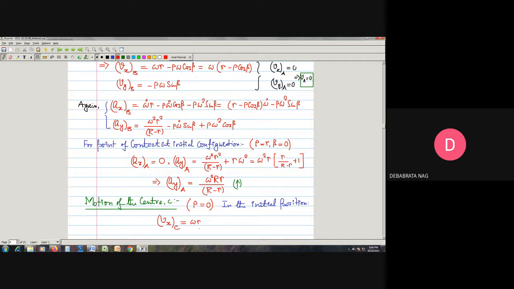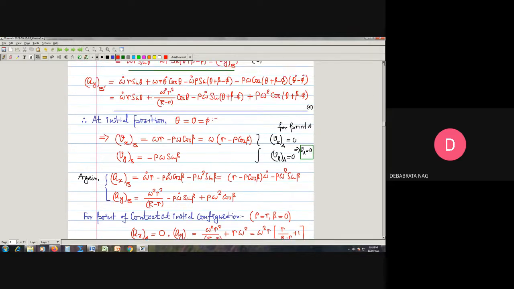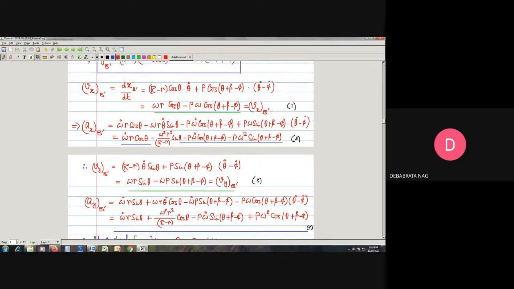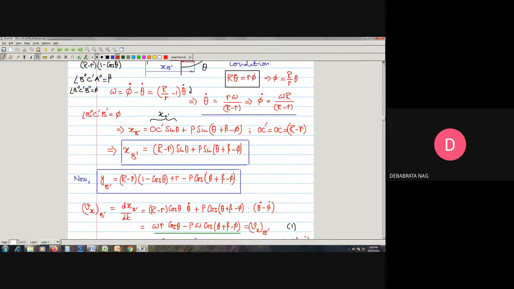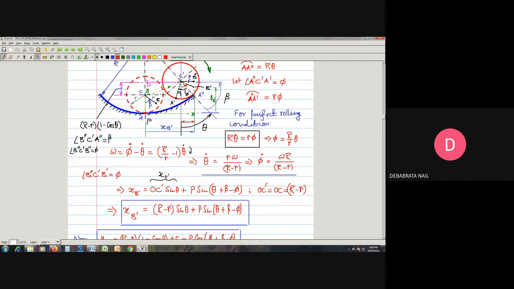So omega into r is the x component of velocity, and what should be the y component of velocity? It should be 0. So it means that at this point the center point is having just a velocity towards the right.